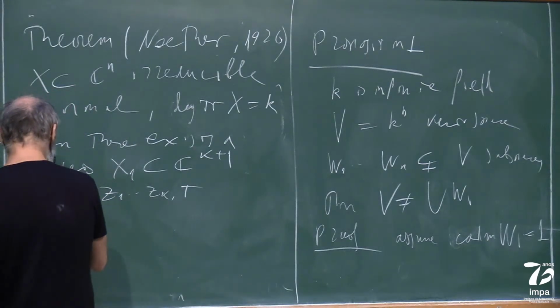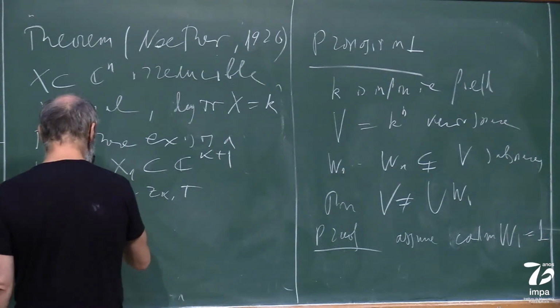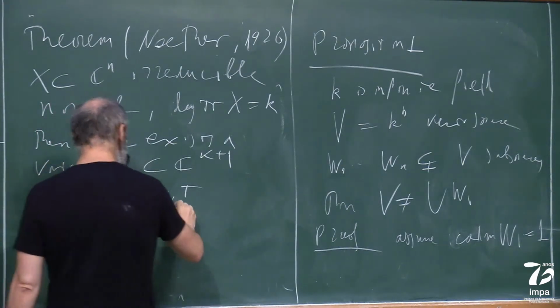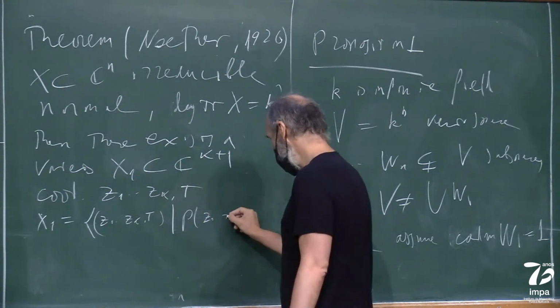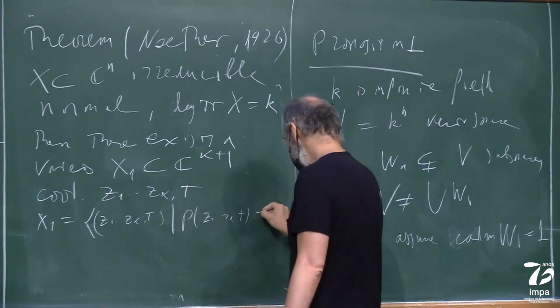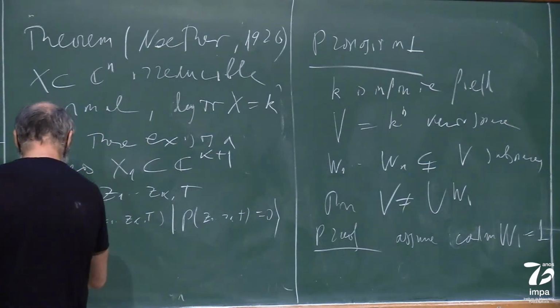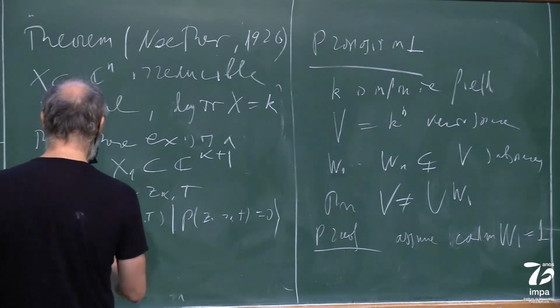And this X1 is the set of all zeros of (z1, ..., zk, t) such that P(z1, ..., zk, t) is equal to 0. So it's given by this single polynomial where P is a monic polynomial.